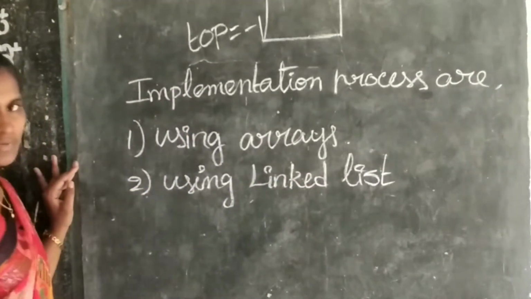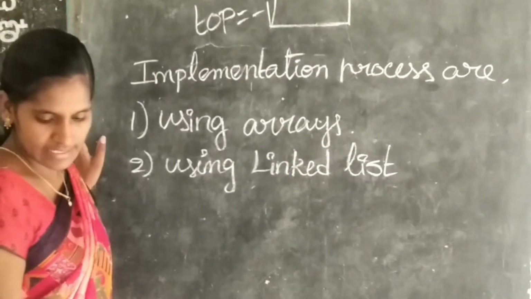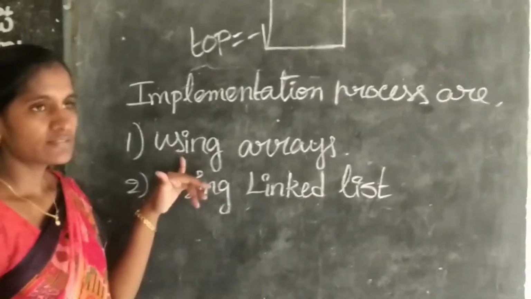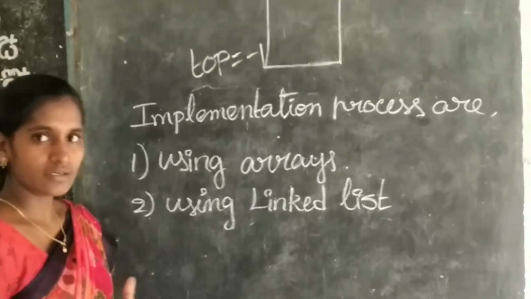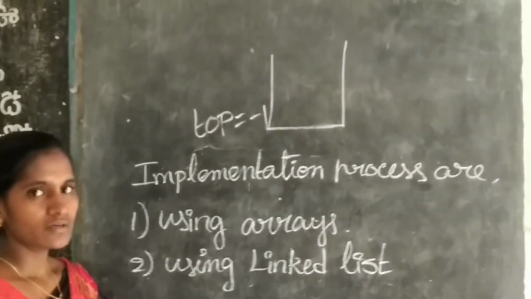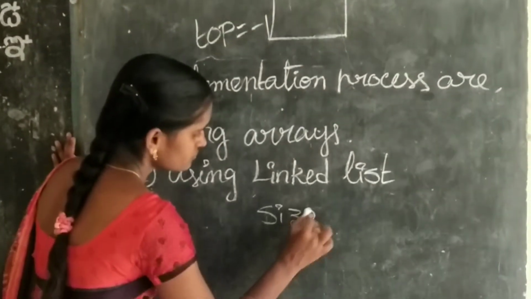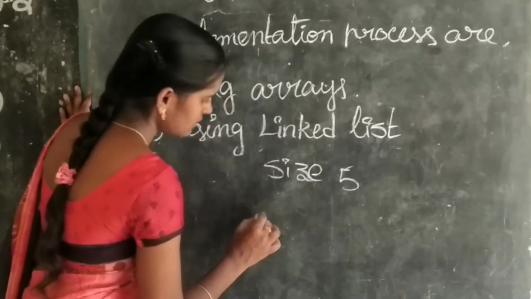These two implementations perform the stack operations. In the implementation using arrays, it has a fixed length. Fixed length means the size is already fixed. That means we have to take a size already. For example, size equal to 5. Arrays are always taken like this.